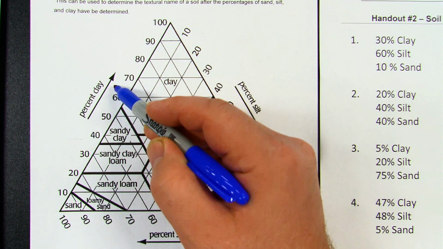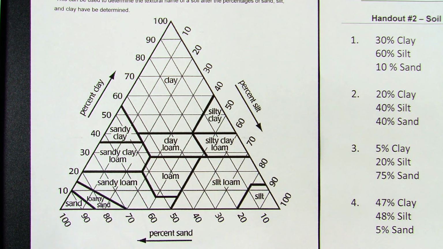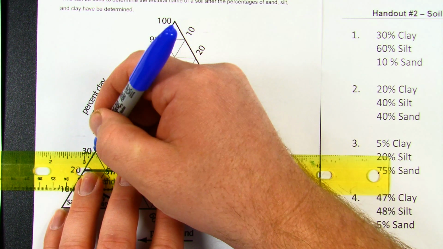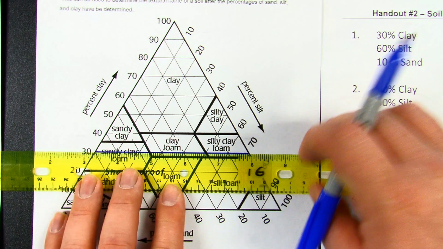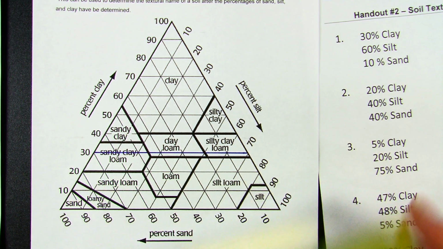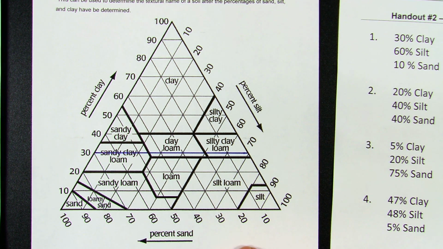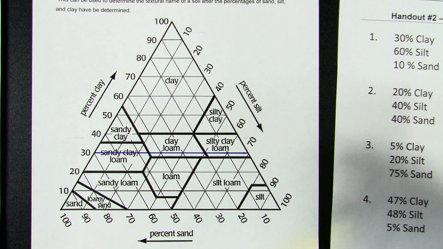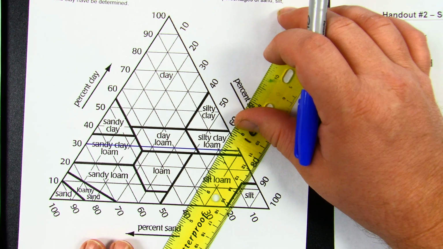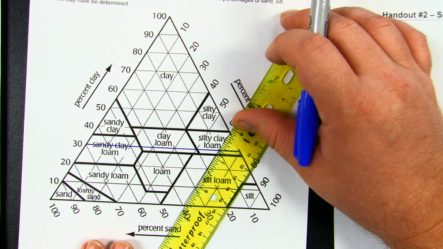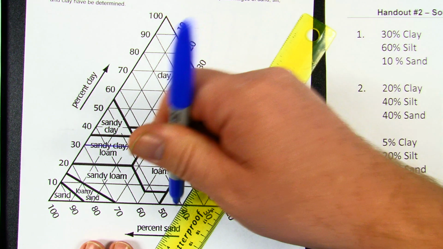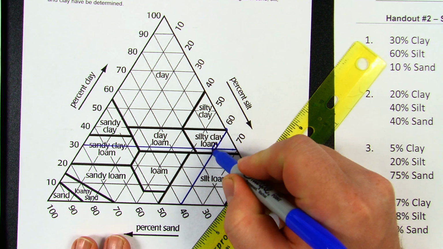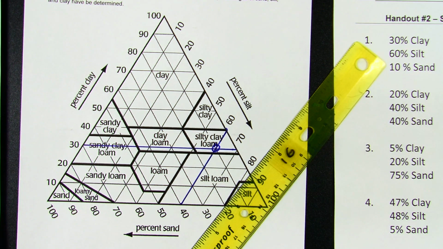So I'm going to find 30% clay. So we come up here, here's our clay. Here is 30% right here. And I'm going to draw a line right there. So we have 30% clay. Now we're going to do this silt. We have 60% silt. We find the silt, we come down here, 60%. We draw our line. And where they bisect, that lets us know what type of soil.